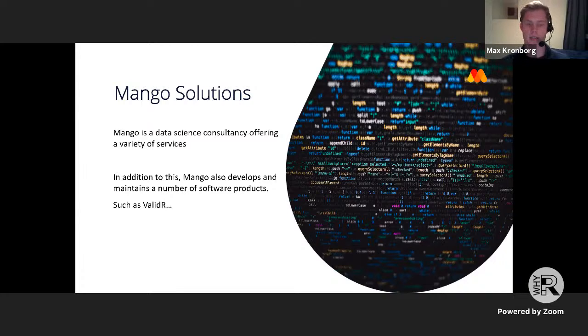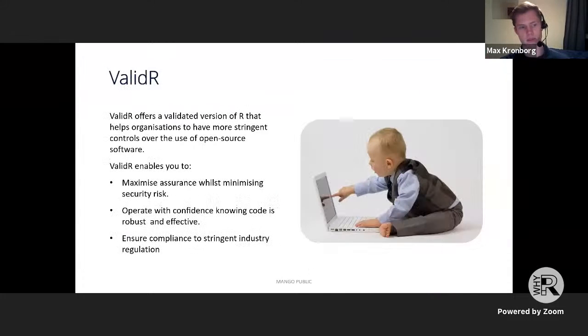So it's a data science consultancy and delivers quite a few different services around data science. In addition to this, they also develop and maintain some software products. One of these is ValidR, which you may or may not have heard of. ValidR, just quickly, and I don't want to try and sell this to everyone. I got this from a sales deck, but it's just a background on it.